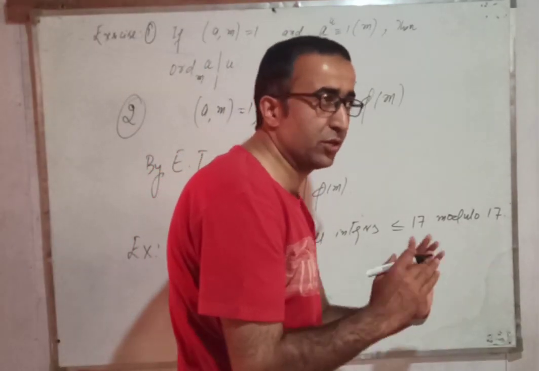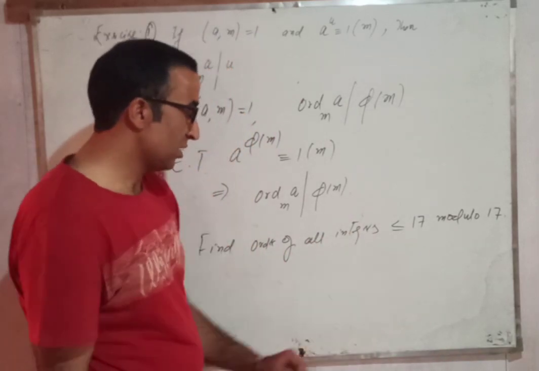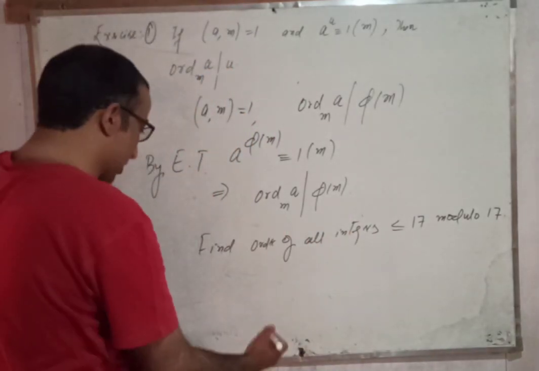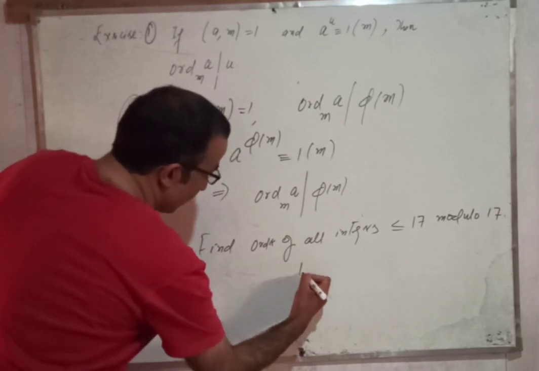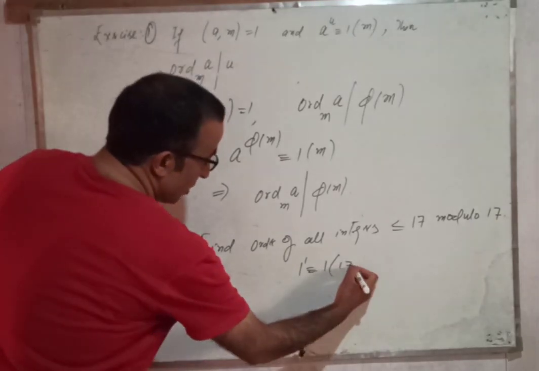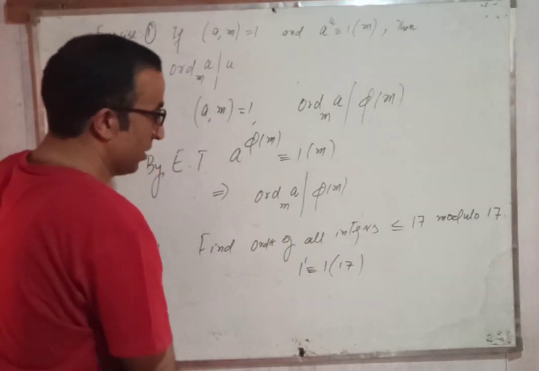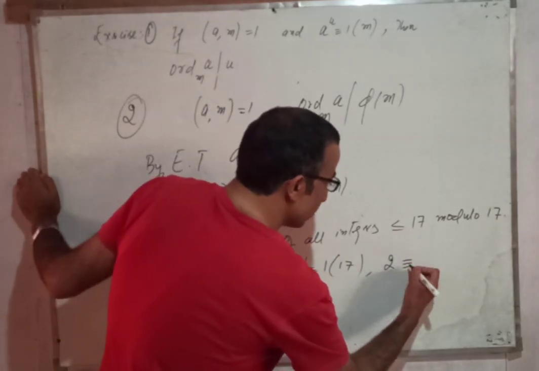So you have to calculate the order for the first 16 integers. For the first integer, 1 power 1 is always congruent to 1 modulo 17, so 1 has order 1. For 2, what can be the power? 2 is congruent to what?